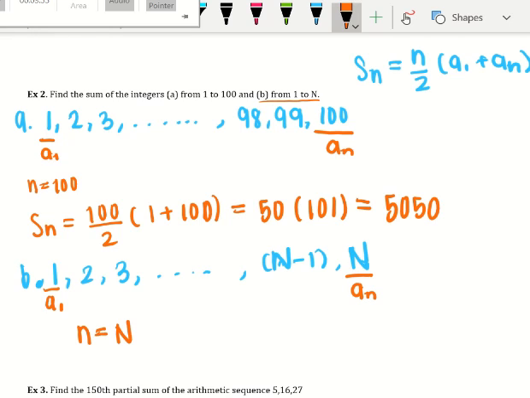I know that's weird, but if n was 10, then we would have 10 numbers added. If n was 50, then we would have 50 numbers that we have to add. So now we could go ahead and plug it into our formula. N divided by 2, and then 1 plus n, and we're just going to go ahead and distribute that in.